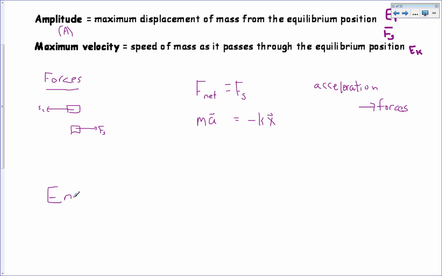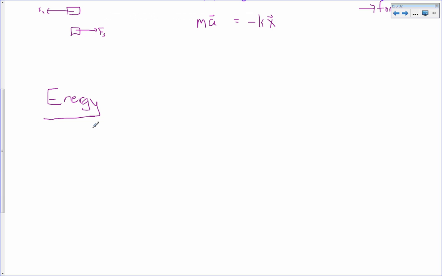So then in terms of energy, mechanical energy is conserved, because the system is isolated, which means there's no friction.